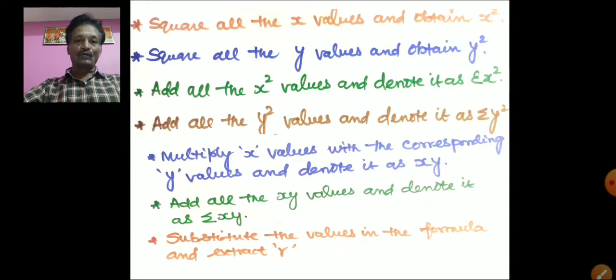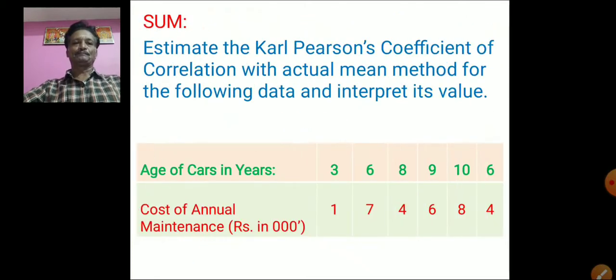Now you take the total of x square, denoted by sigma x square, and the y square total, that is sigma y square. Then you take the total of xy, denoted by sigma small xy. Now we have to substitute the values in the formula, right?